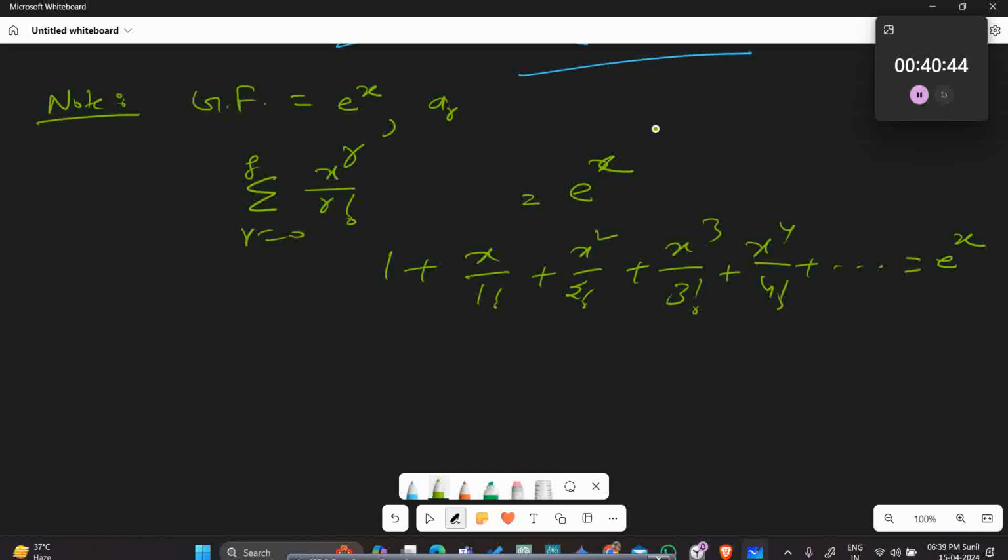For this, if x is the generating function, it can be represented by sigma r equals 0 to infinity x to the power r times 1 by r factorial. Then a_r is equal to 1 upon r factorial, right?